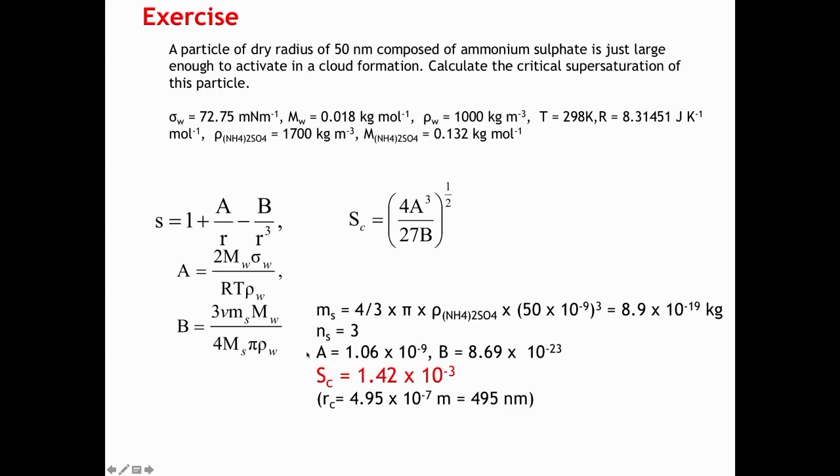The NS, sorry, this is the number of ions that ammonium sulfate dissociates into. So ammonium sulfate has got 2 ammonium and 1 sulfate. So you can evaluate A, you can evaluate B, and you can calculate the S. So this says that the critical supersaturation that you need is 1.4 times 10 to the minus 3.